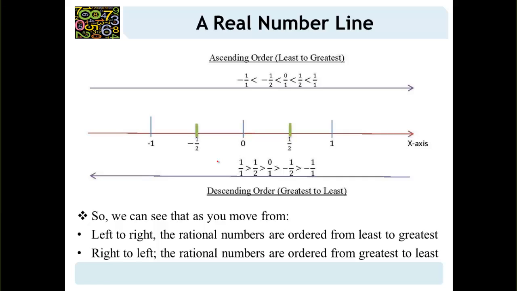On the real number line, at the center is the number 0. 0 divides the positive numbers from the negative numbers. 0 is neutral. It is not positive. It is not negative. To the right of 0 are the positive numbers. To the left of 0 are the negative numbers.